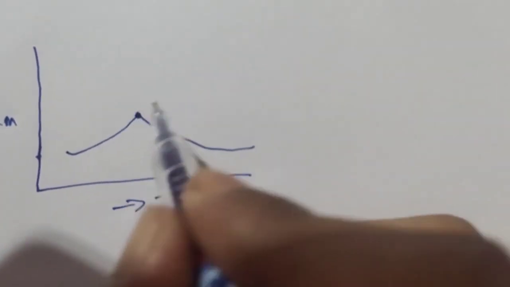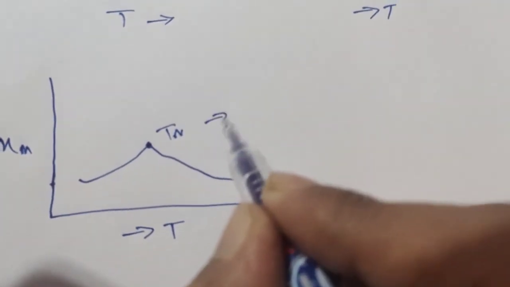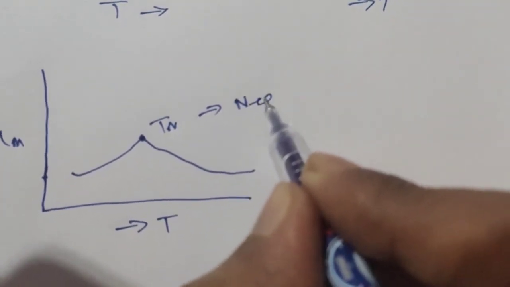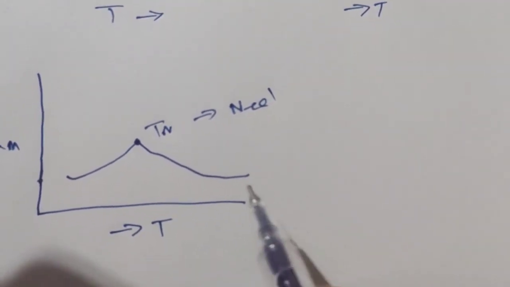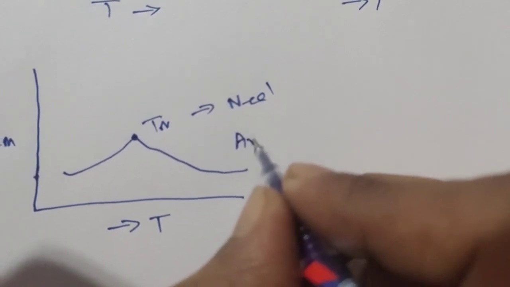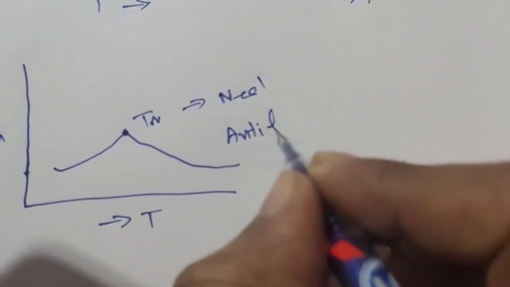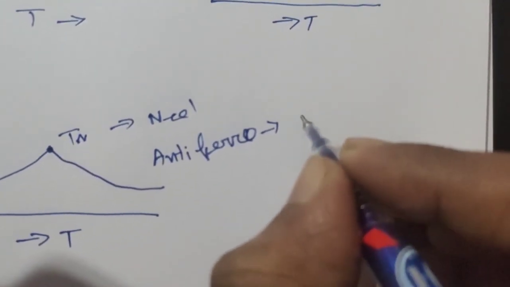After a certain temperature, which we call the Neel temperature, it gets converted to paramagnetic.